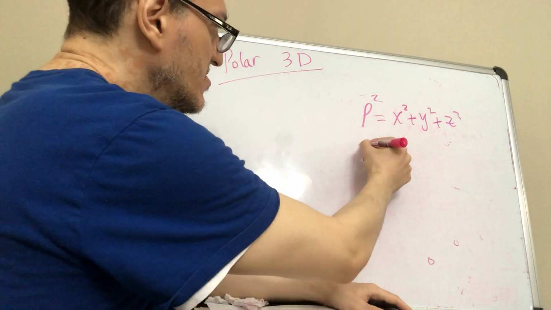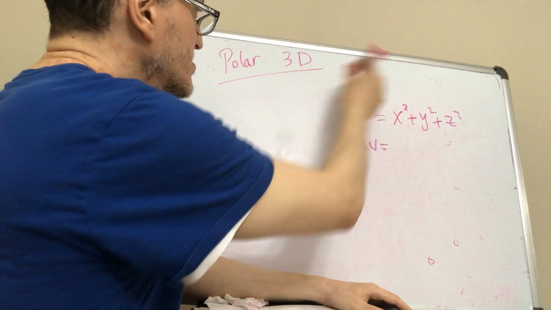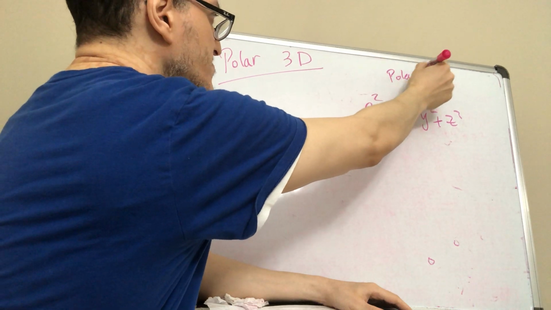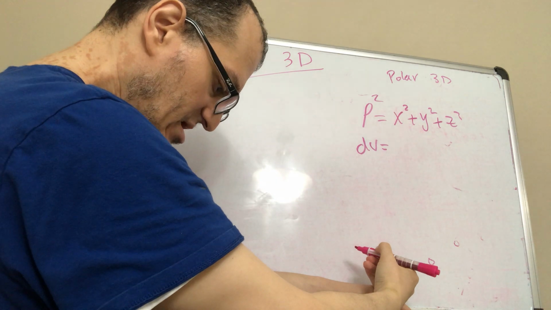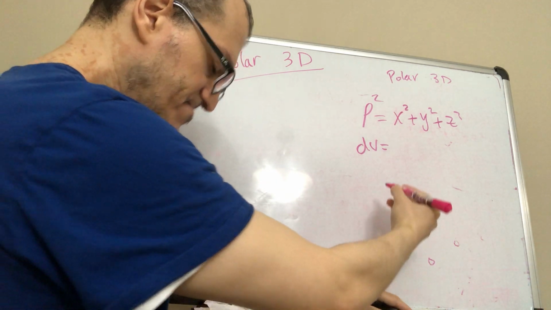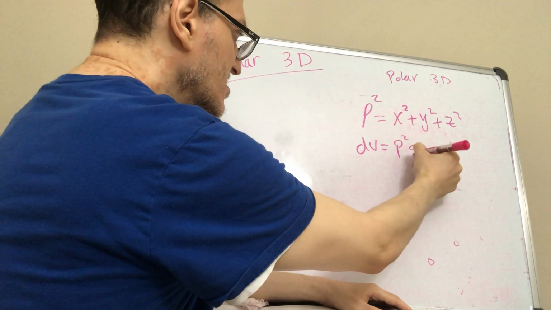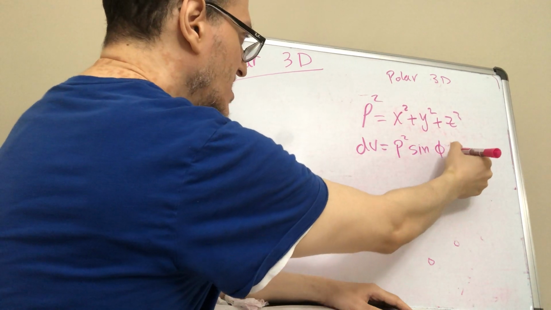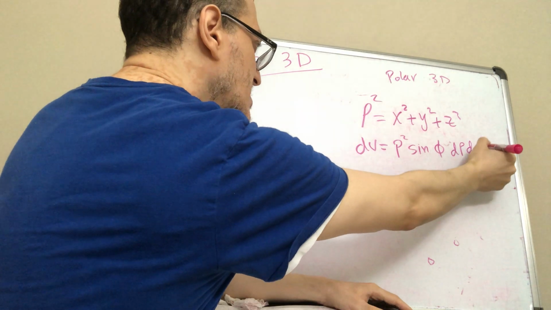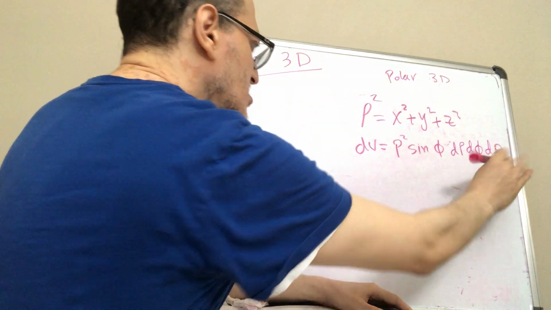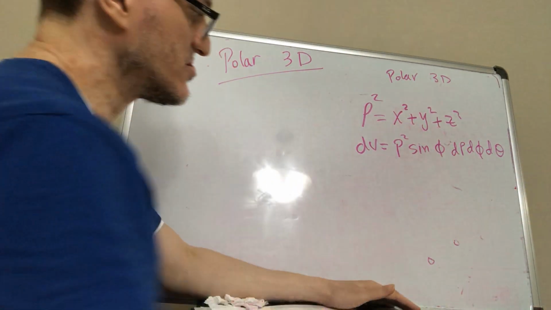You also need to know that dv for polar 3D is p squared sine phi dp d phi d theta, or we call it angle 1, angle 2.